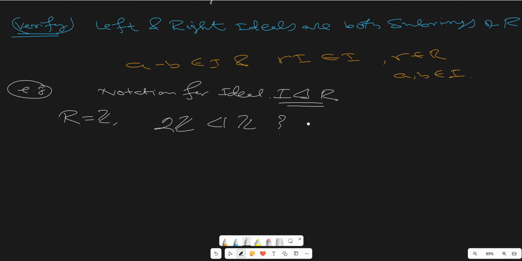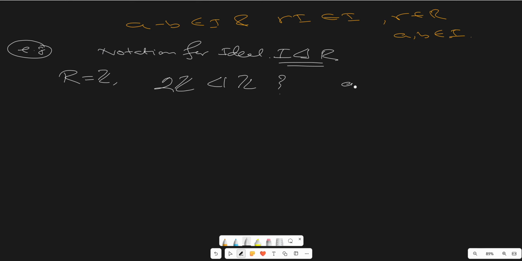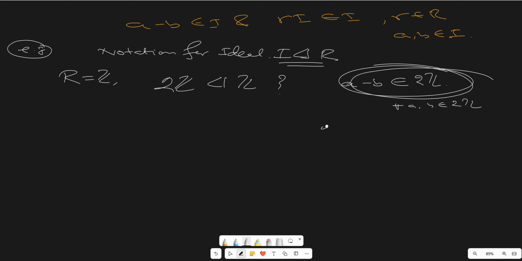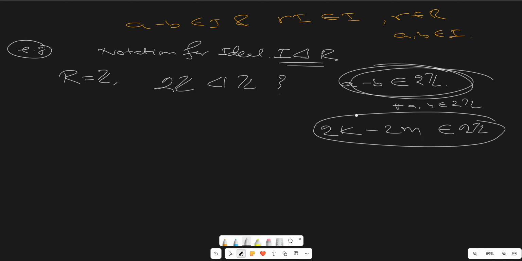Let me verify. First you have to show that a minus b should be in 2Z. For every a, b inside 2Z, this is very clear. Suppose you have some 2k and some 2m; the difference is of course inside 2Z, so the first condition is trivially satisfied. What is the next condition?